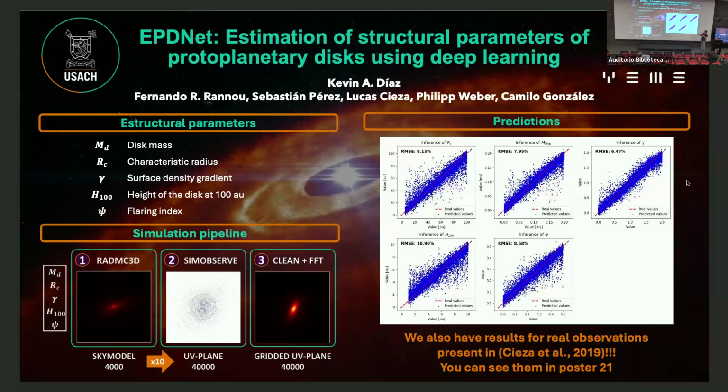These parameters are the mass of the disk, the characteristic radius, surface density gradient, height at 100 AU, and flaring index. For this, we train a network with a database of simulated interferometric observations using a process of 3 steps: RAMCCD, SimObserve, and the clean instruction from CASA software to obtain a gridded UV plane, where this gridded UV plane will be the input to the network.